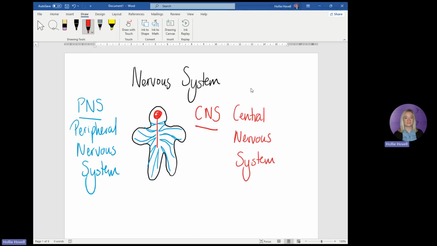The central nervous system is the brain and the spinal cord. Within the spinal cord, we have some neurons called relay neurons, which we'll come on to in a minute. So they form part of that. The peripheral nervous system is those pairs of neurons going in and out.